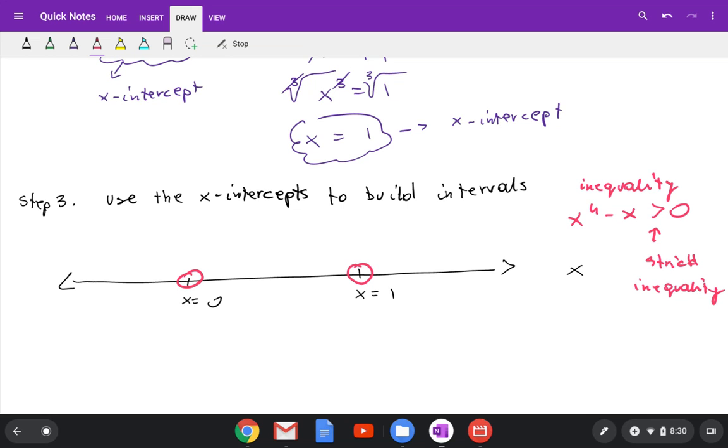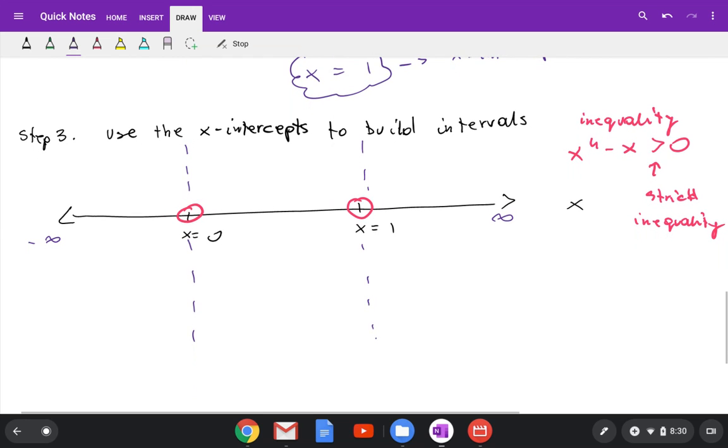So that's why I keep the circles open. Now, your x-intercepts divide the number line into 3 intervals. And now you just need to check which of those 3 intervals will satisfy our inequality. So we're going to check that. This is negative infinity, here's positive infinity. So we're going to check that by plugging in the points and check if they satisfy our inequality.